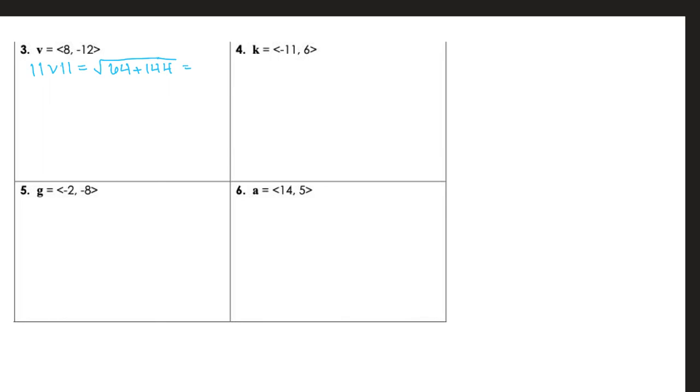And it looks like you're going to get 14.42. Okay, now let's go through and find your angle. So we're going to say that tangent of theta is b over a.